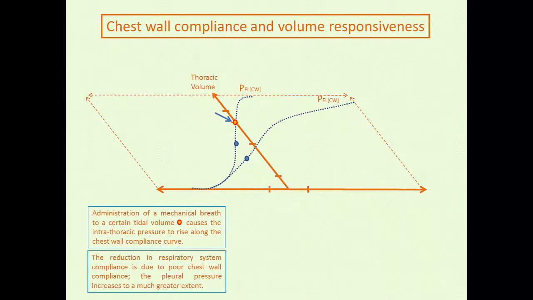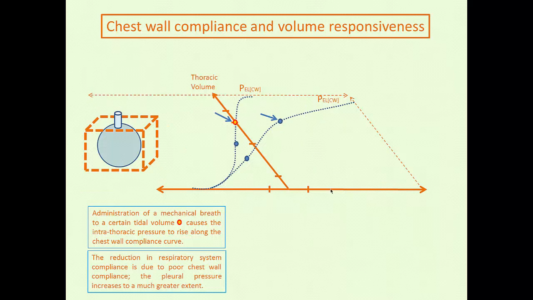But imagine the patient has a severely reduced chest wall compliance. Massive ascites, obesity, take your pick. The same tidal volume is going to increase your intrathoracic pressure instead of going to here, right, it's going from here at FRC during this breath to here in the patient with the normal chest wall compliance. In the patient with the poor chest wall compliance, you're going from here all the way out to, say, here, right?